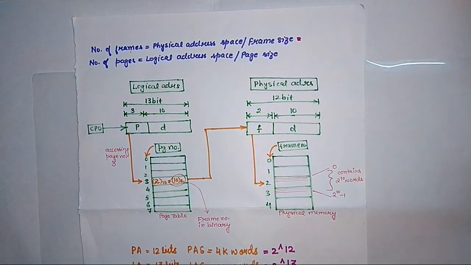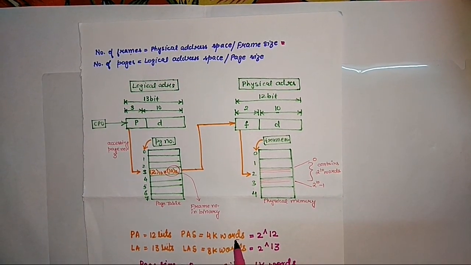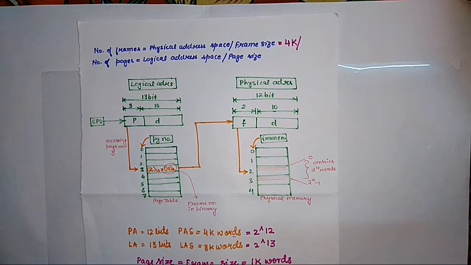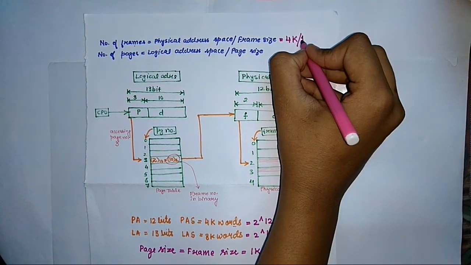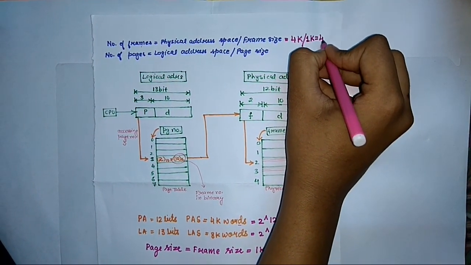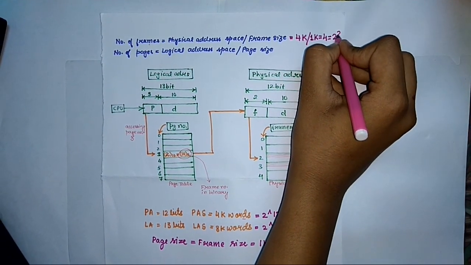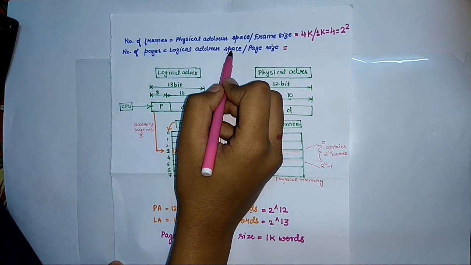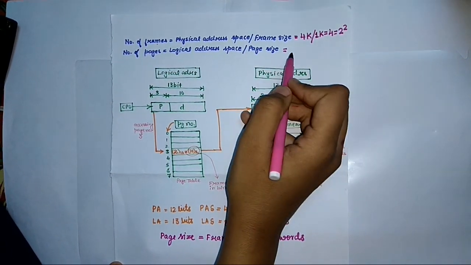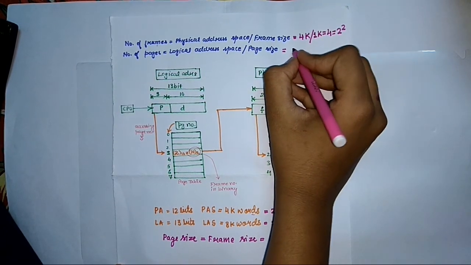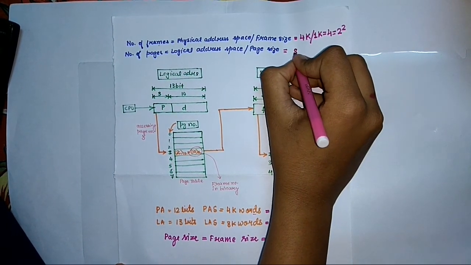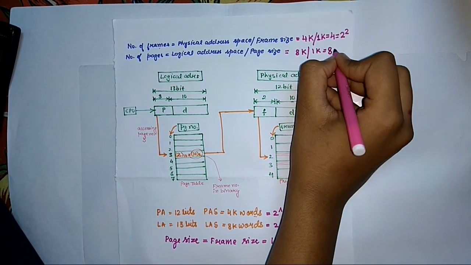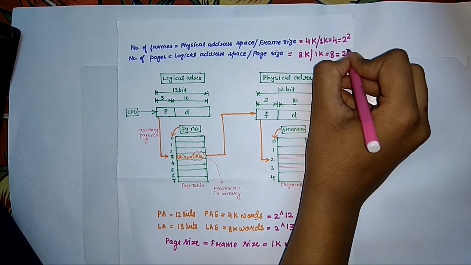Here in this example, the physical address space is 4K words, so 4K divided by the frame size of 1K words is 4, that is 2 to the power 2. Similarly, number of pages is equal to logical address space divided by page size, that is 8K divided by 1K, which is 8, equal to 2 to the power 3.